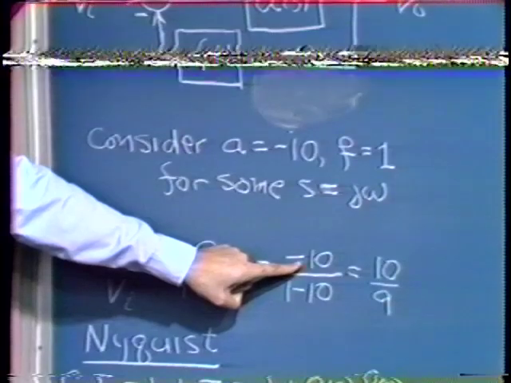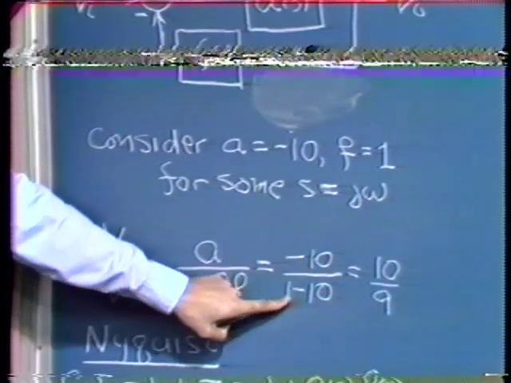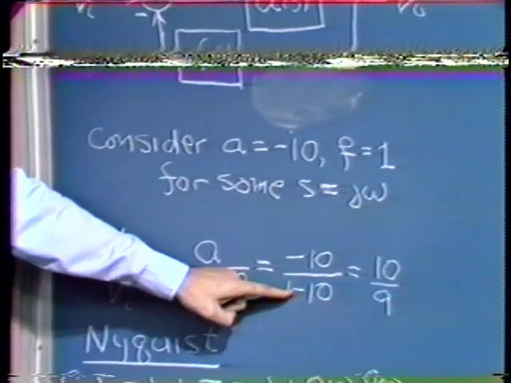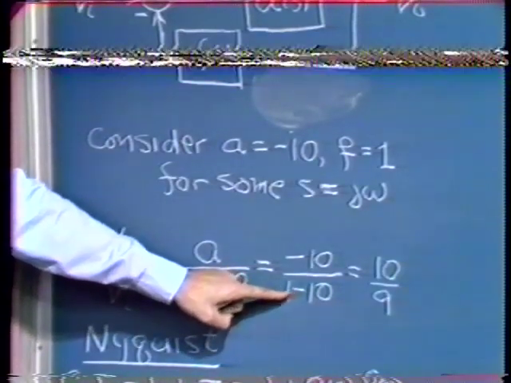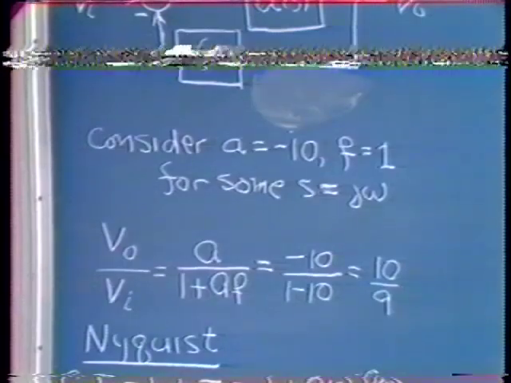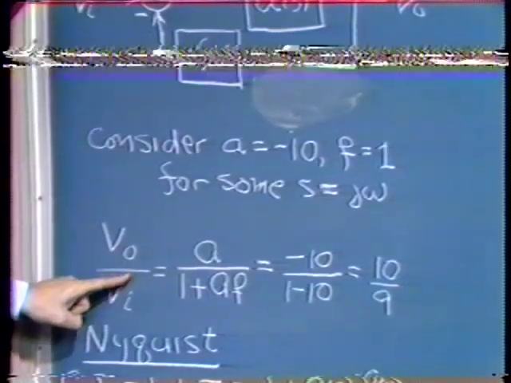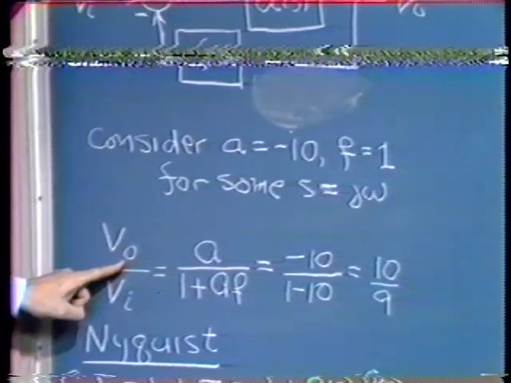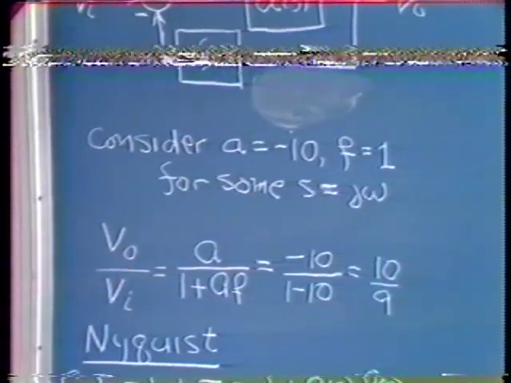But the forward path is now -10. The loop transmission is itself +10, so we get 1 minus 10 in the denominator. And we conclude that the input to output transfer function at that frequency would have a magnitude of 10/9.